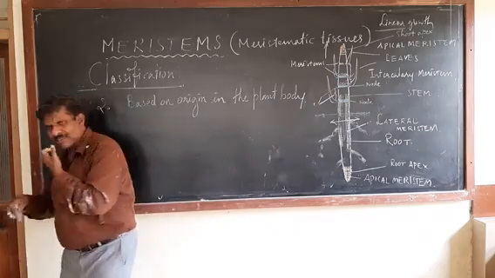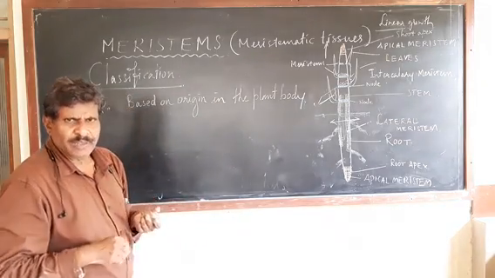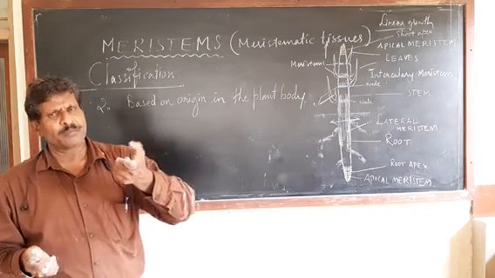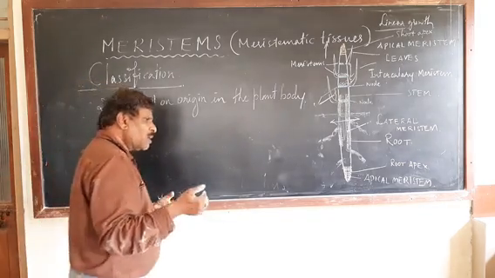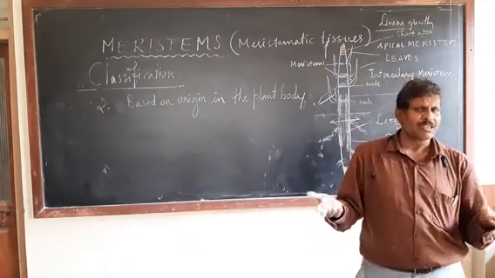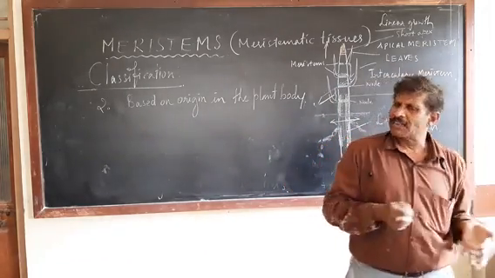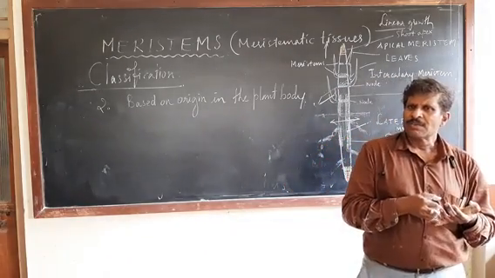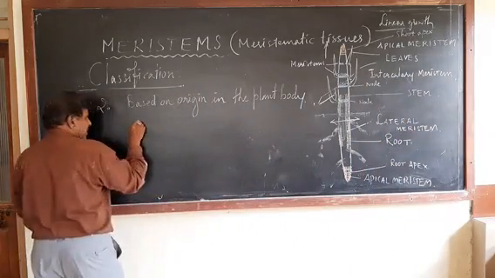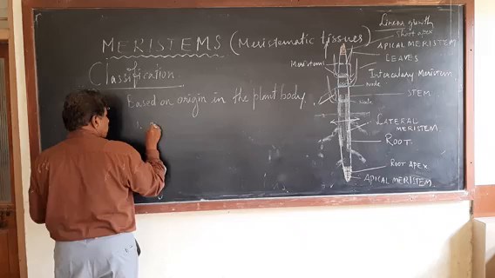That means when they originated, whether they have been there in the plant since the birth of that plant, or they are formed at a later stage. Based on this, we categorize meristems into two types.